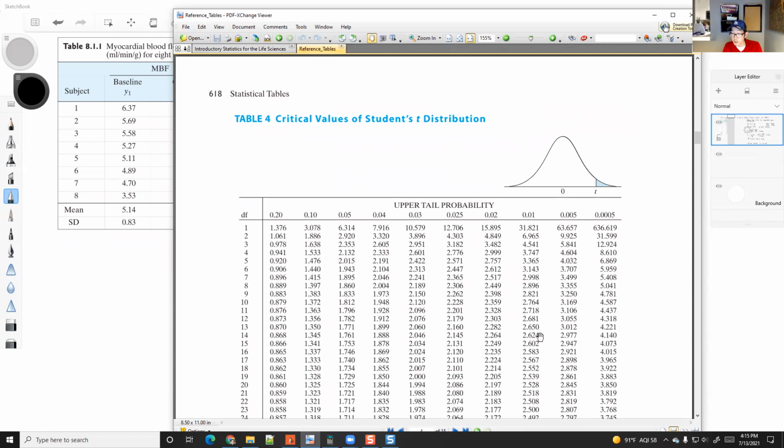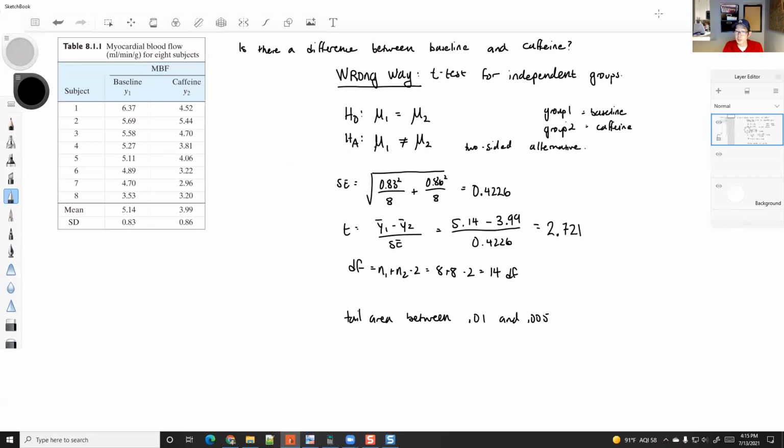If we double it, our p-value is doubled because of the not equal sign in the alternative. And so our p-value is between 0.02 and 0.01.